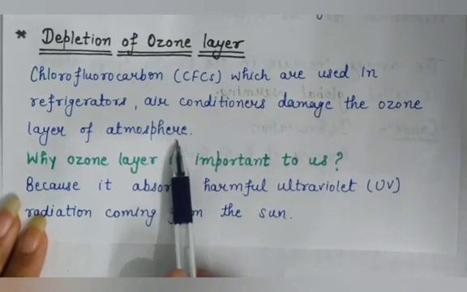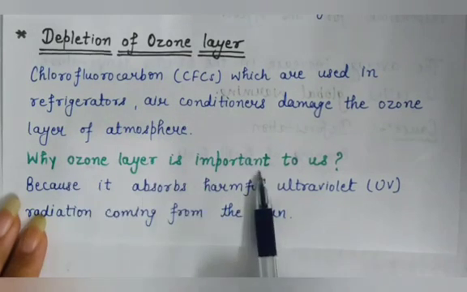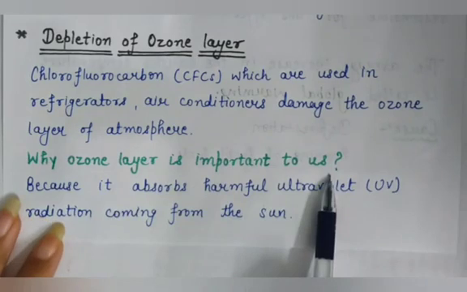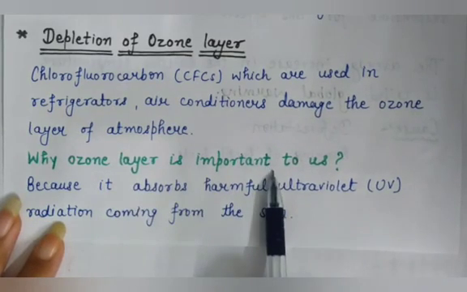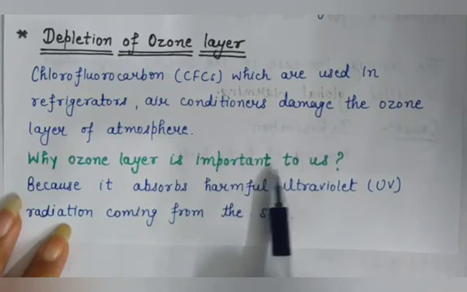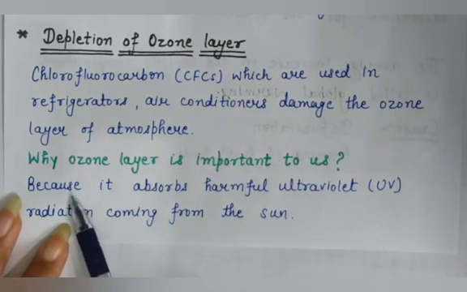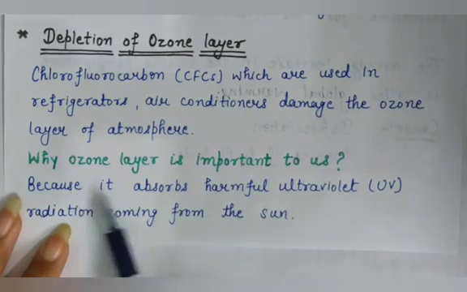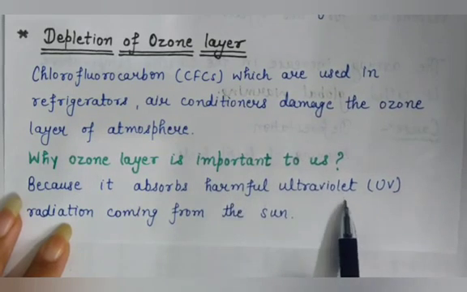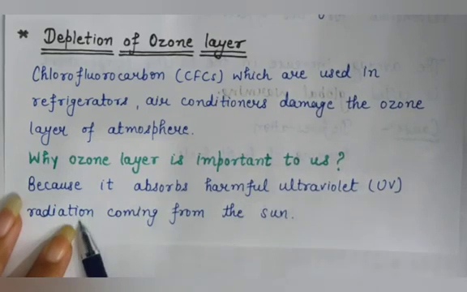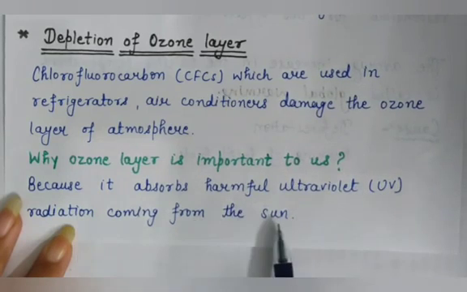But now the question is, why is the ozone layer important to us? The ozone layer is present in the atmosphere, and it is very important to us because it absorbs harmful ultraviolet or UV radiations that are coming from the sun.